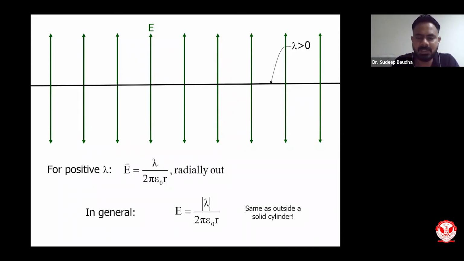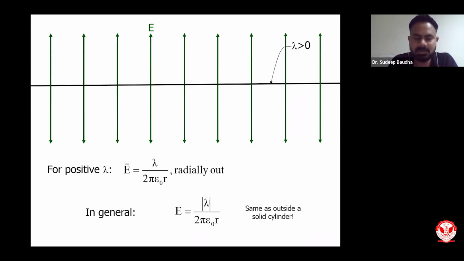The line was infinite, and as per our calculation, we have considered the thickness of the line to be negligible. So we have seen three cases of Gauss law. If you recall, in the first case, we used Gauss law to find the electric field because of a point charge.